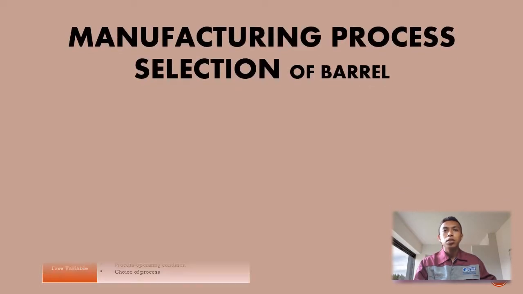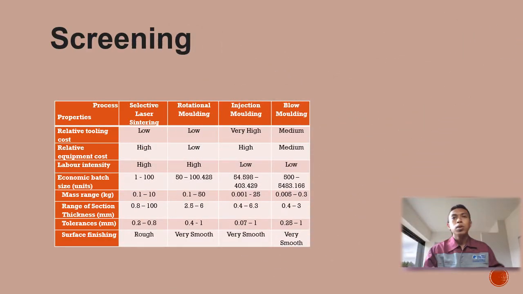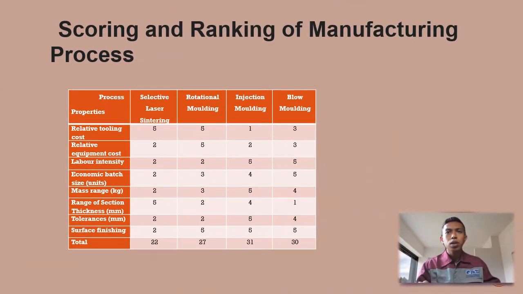The free variable for the manufacturing process is process operation condition and choice of the process. Then we move to the scoring and ranking of manufacturing processes to get the best manufacturing process to be selected and applied on our product.